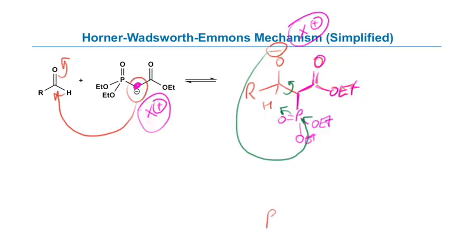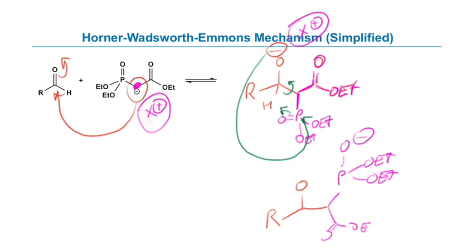So after that rotation, we have a new bond between those two centers. So this is the equivalent of our oxaphosphetane. It's a four-membered ring just prior to our elimination.